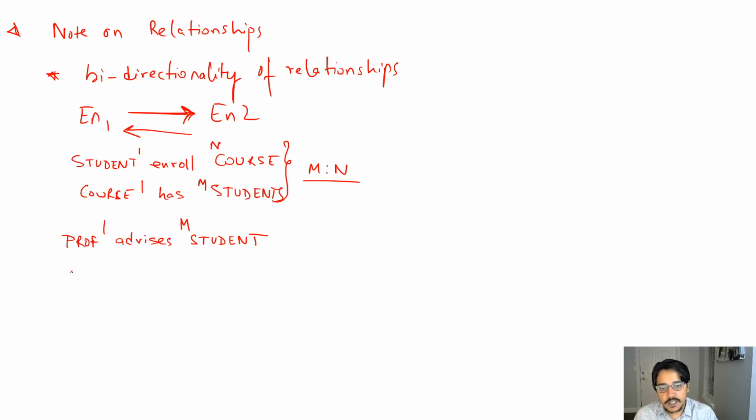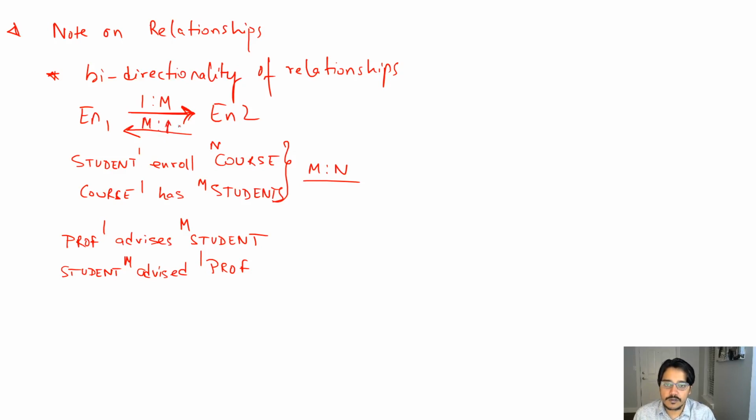And then the bidirectionality states that student advised by professor, so here m is to 1 must hold. So if in one direction the relationship is 1 is to m, then in the opposite direction m is to 1 must hold.